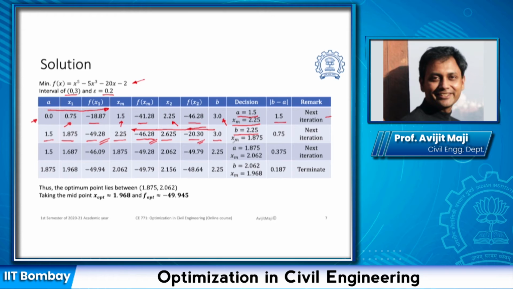My new middle point is going to be x1, which is 1.875, and the precision at this revised boundary is going to be 0.75, which is higher than the precision which we want to achieve. Hence we need to move to the next iteration.